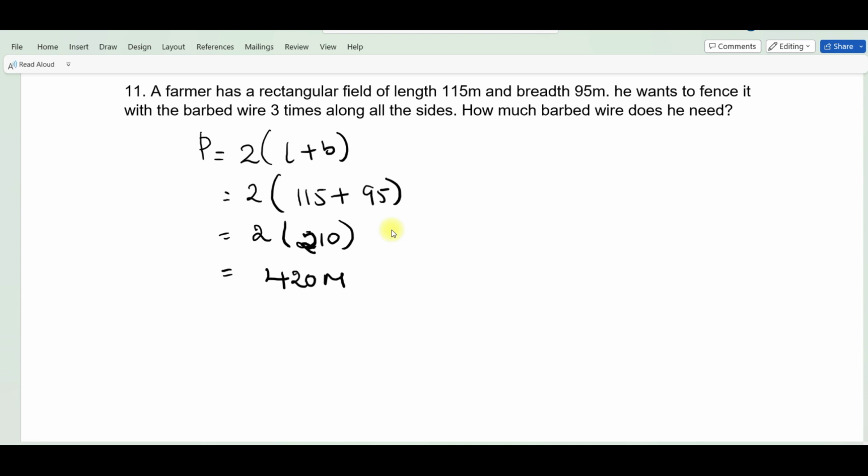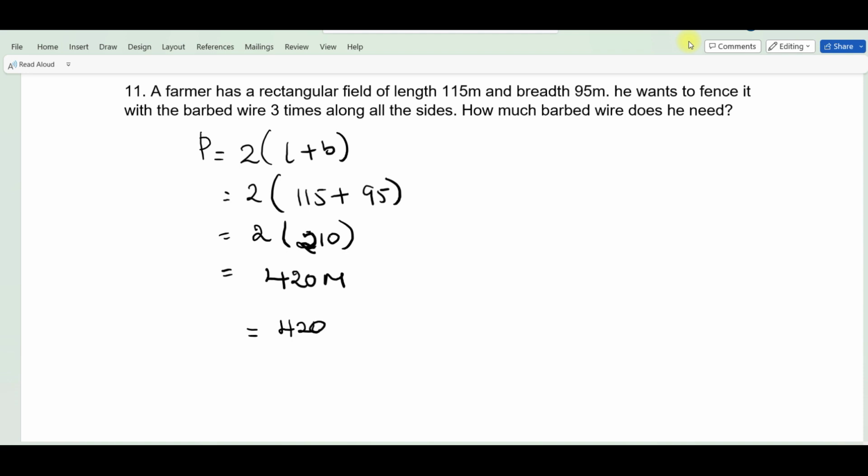Now let's move to the next one. It says he wants to fence with the wire 3 times along all the sides. So we have to understand that he wants to fence it 3 times, so we'll only have to multiply by 3.